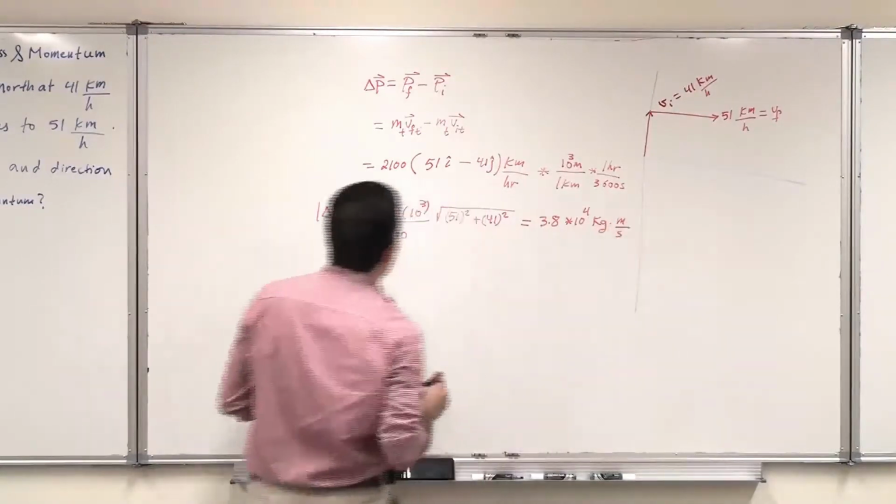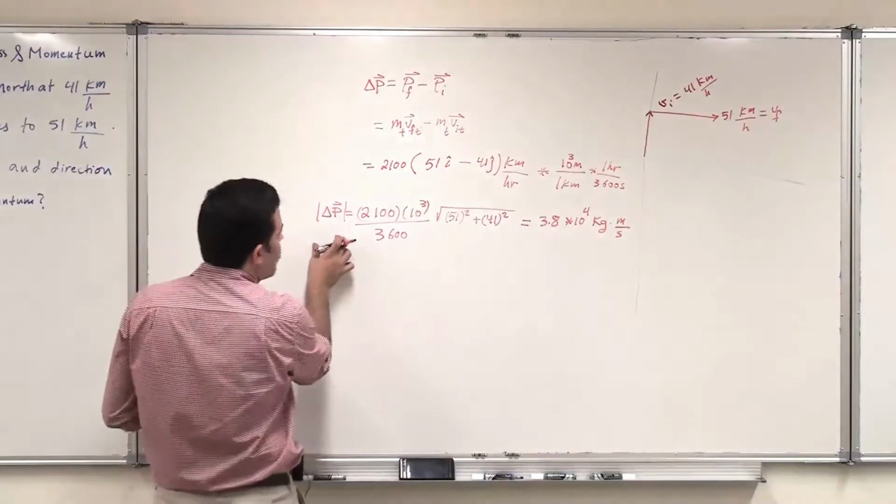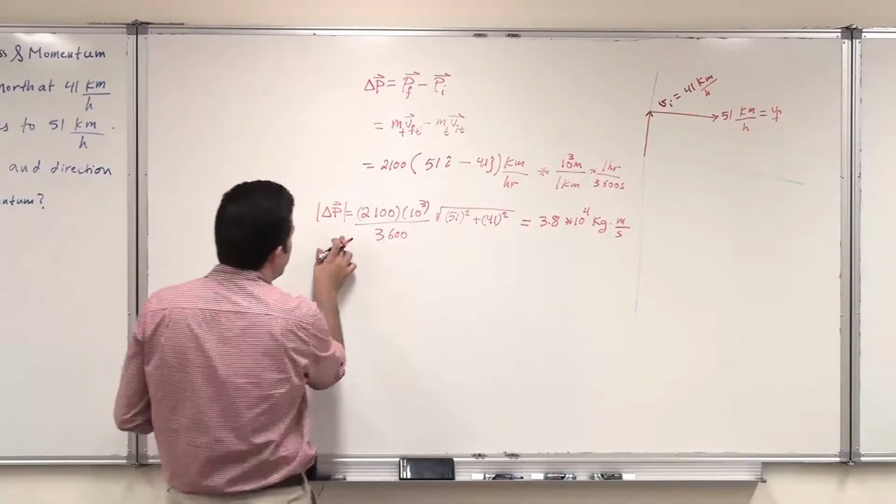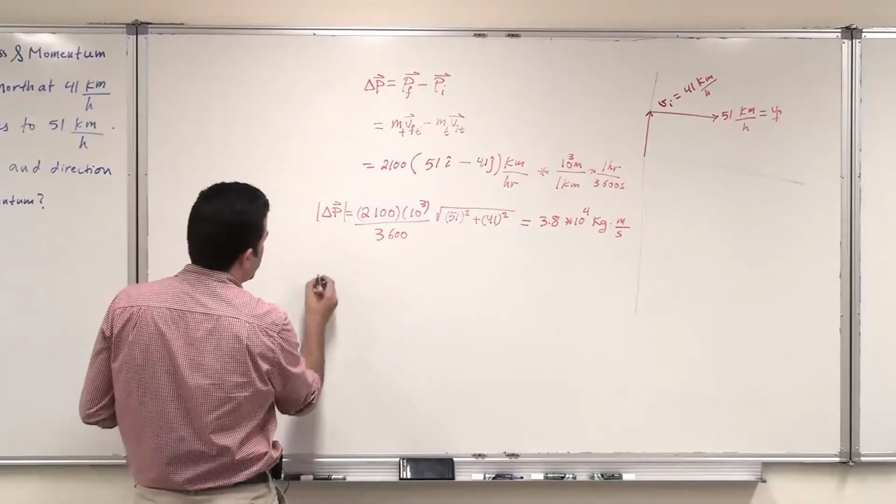Now we found the magnitude of the change in the momentum. Now we try to find the direction.